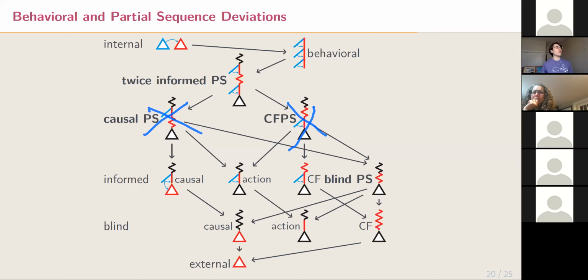If you ask me what you would want to implement in an arbitrary game, I would probably say twice informed, then maybe the blind partial sequence deviations. If those are too expensive, then informed counterfactual. If you have too many actions, then blind counterfactual.